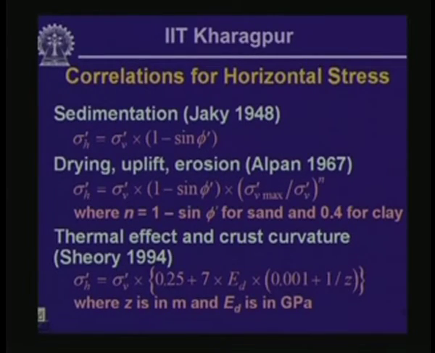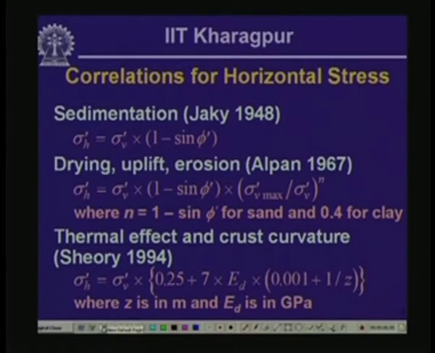So this value could actually be much larger than sigma v prime, and the soil layers for which sigma v prime max is larger than sigma v prime, those types of soils are called over consolidated soils. Let's take an example of an over consolidated soil.